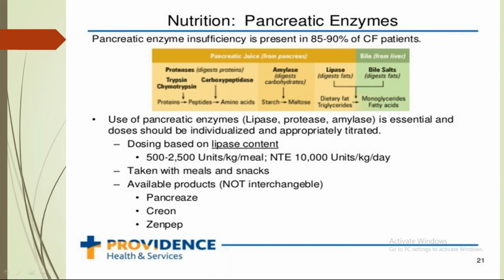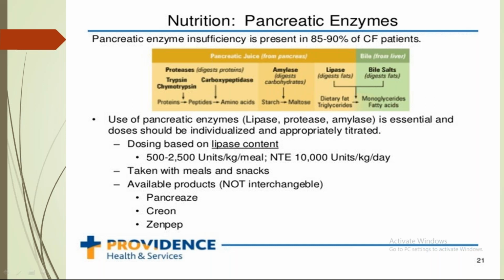The normal dosage of lipase is 500 to 2500 units per kg per meal, or 10,000 units per kg per day. They should be taken with meals or snacks. The commonly used pancreatic enzyme replacers are Pancrease, Creon, and Zenpep.